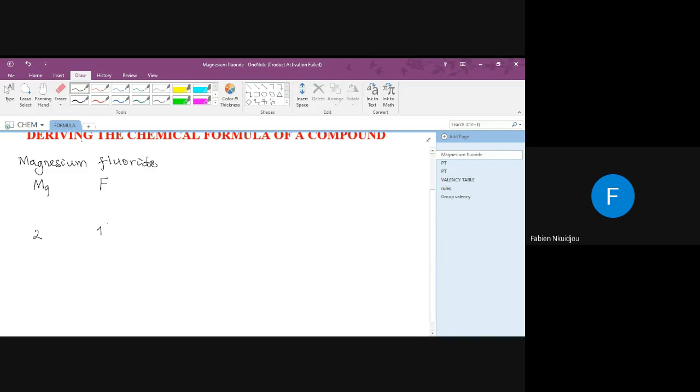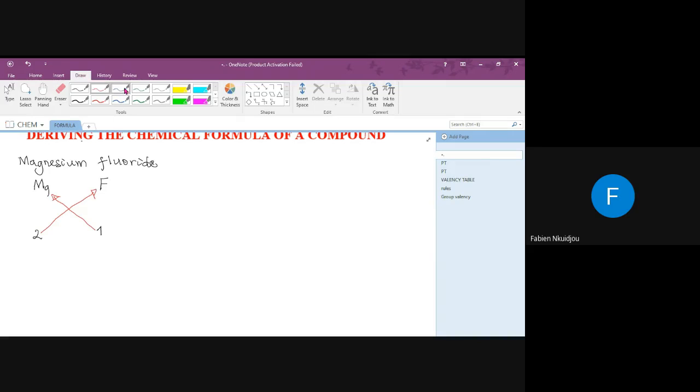Now, is it possible for us to simplify the valencies? Of course, it's not possible. So we move to the next rule, which says we should interchange the valencies. The valency of magnesium, we give it to fluorine, and the valency of fluorine, we give it to magnesium.